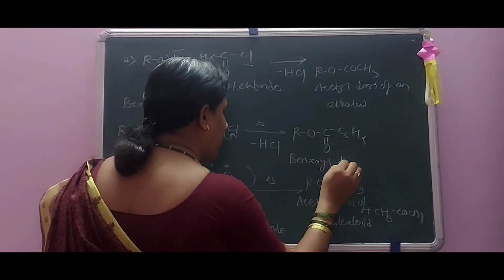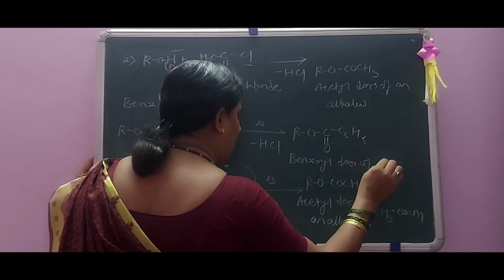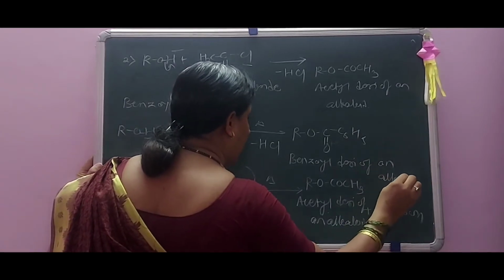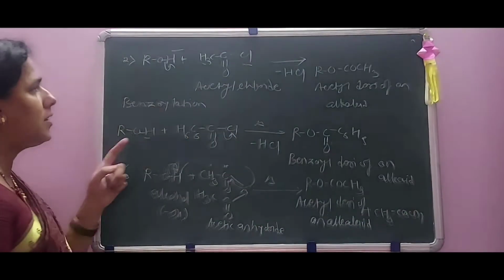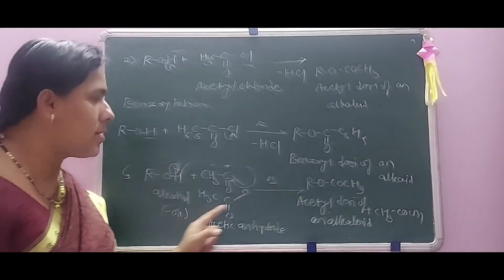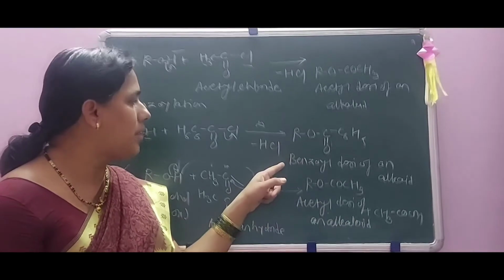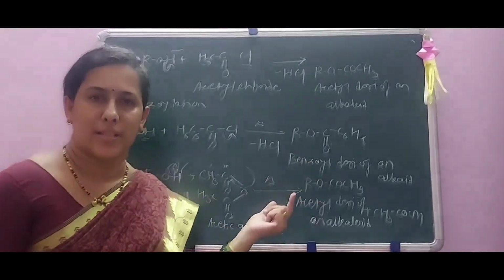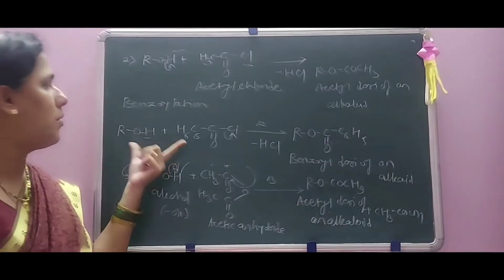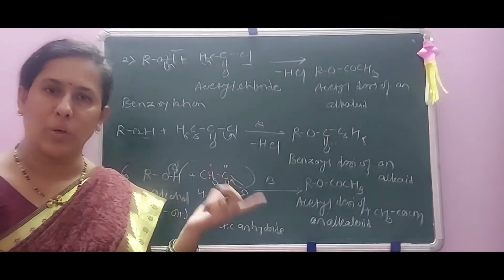If one of these reactions gives the acetyl or benzyl derivative of an alkaloid, we can say that the given compound contains the hydroxy group.